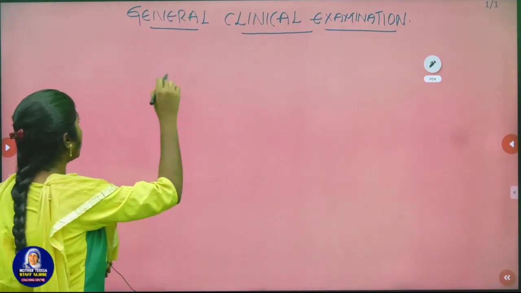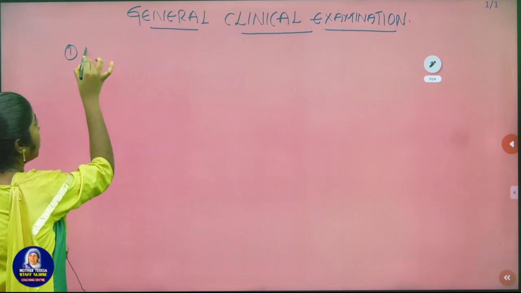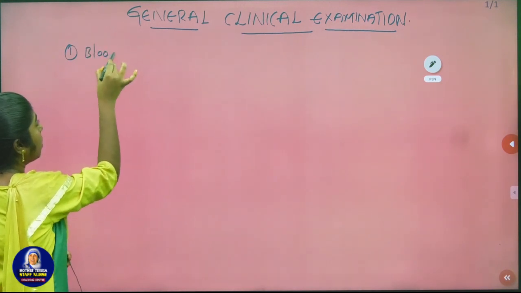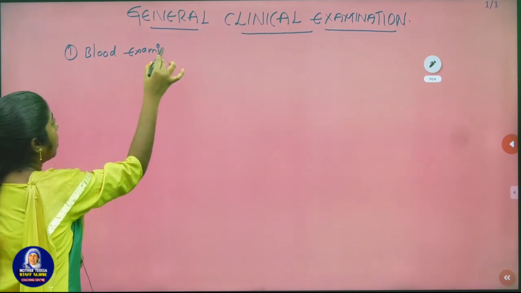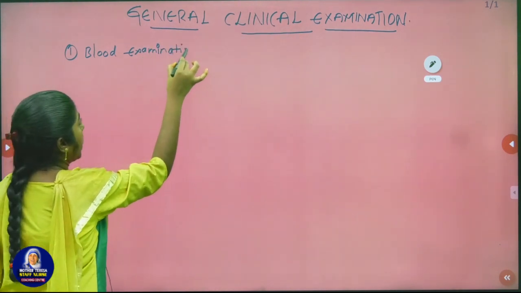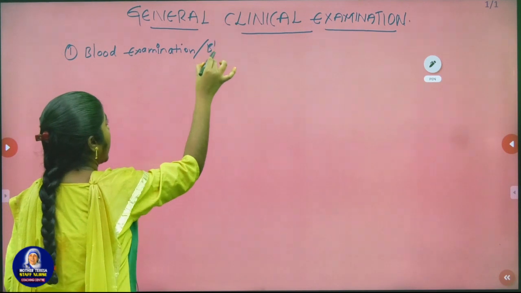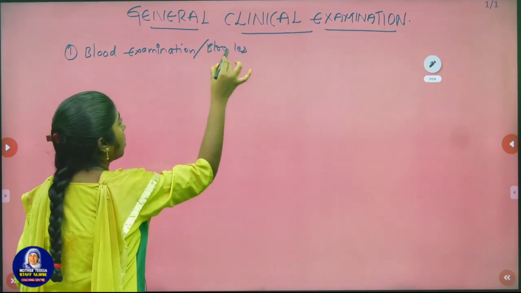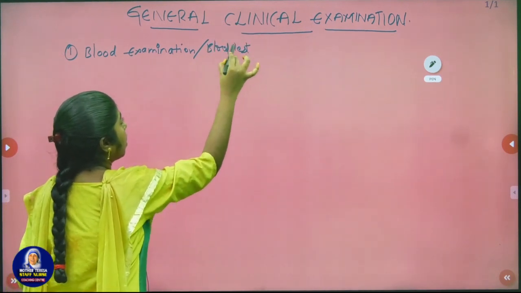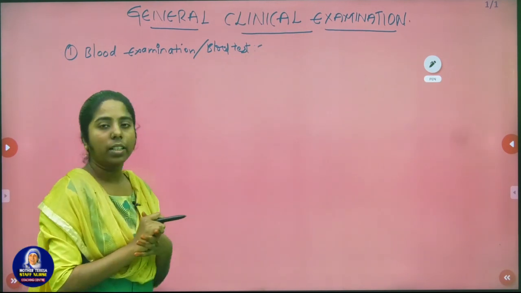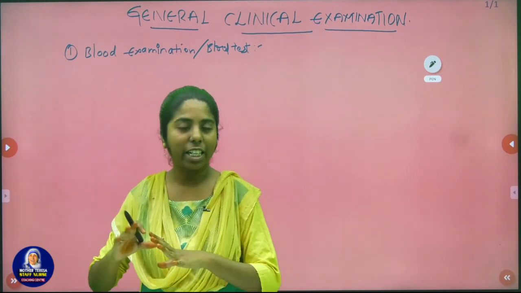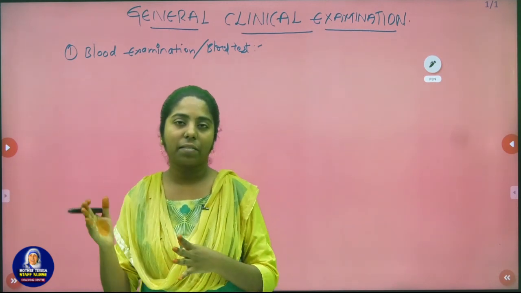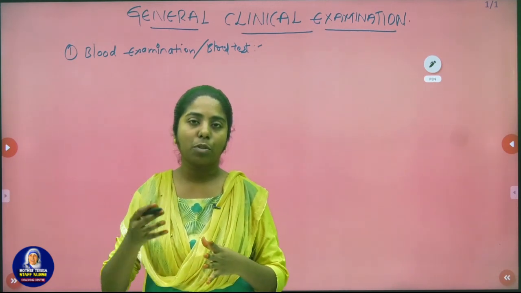Your first one is blood examination, or you can call it a blood test. Most persons who are not medical professionals call it a blood test. So what do medical professionals call it?